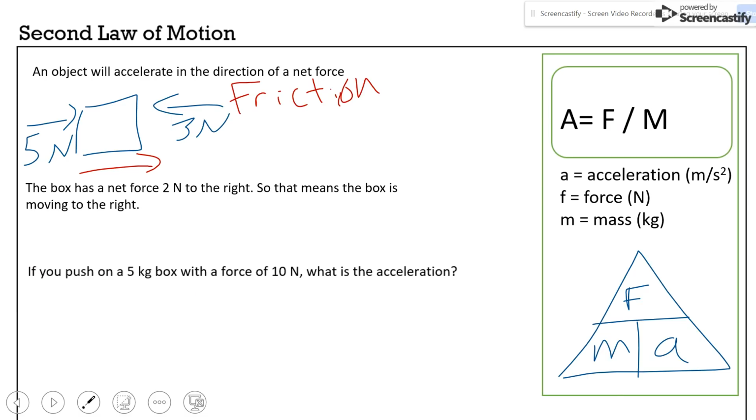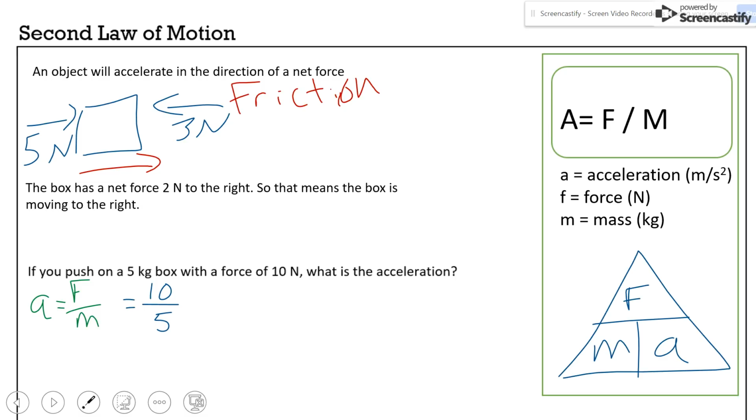First off, let's look at our problem here. You push on a 5 kilogram box with a force of 10 newtons. Since it doesn't tell us any other forces, we're going to assume that this is our net force. What we want to know is what our acceleration will be. You always need to write out your equation every single time you're given a problem. So A equals F divided by M. Our force, measured in newtons, is 10.